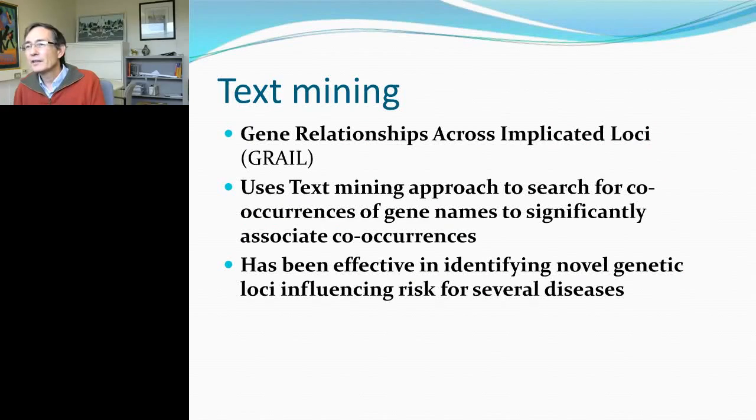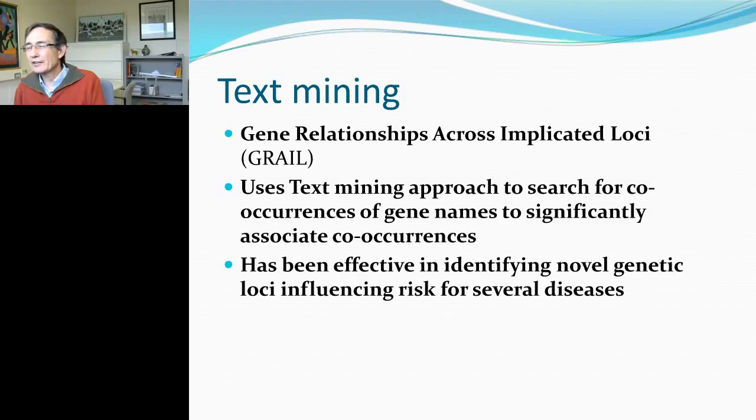An additional kind of approach is text mining. This is not really a pathway-based approach, but it's a way of identifying relationships among genes. One example is called GRAIL, and it uses text mining of published papers to identify relationships among genes that have been presented in the literature.